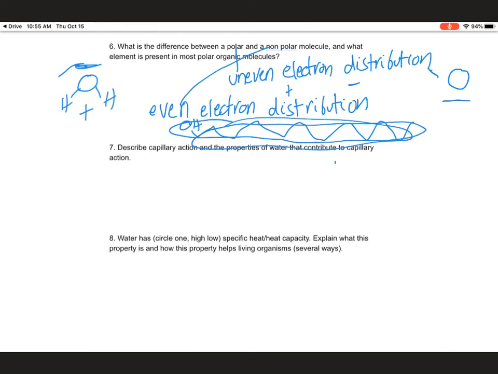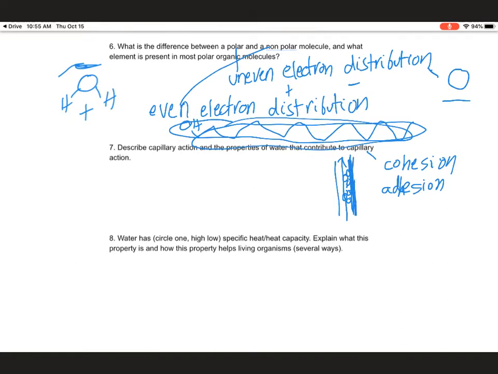Okay, capillary action is the tendency of water to move up a thin tube, such as the inside of a root cell of a plant. The properties that contribute to it are the cohesion, because the water molecules will stick to each other, which can kind of pull them up in a chain, and adhesion, because the water molecules will also stick to the side of this tube, which will allow them to kind of climb up.